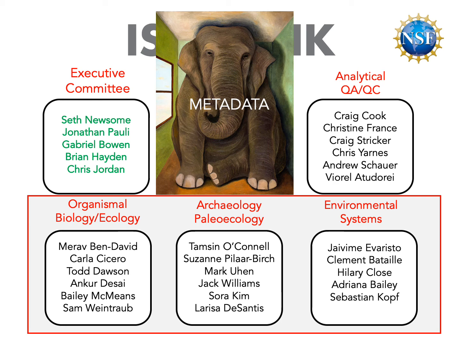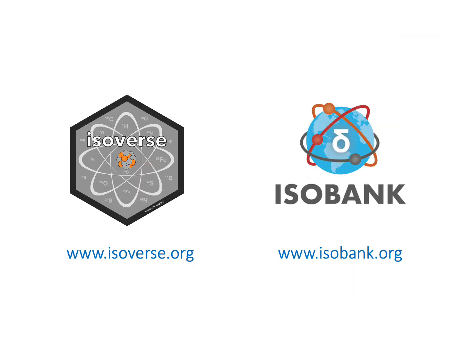And isoverse might be able to help with some of this metadata transmission. We'll have to see exactly how the tie-in is. But I would encourage you to go check out both isoverse and IsoBank. I think these are all efforts that will help us bridge this divide between the geochemistry lab and the actual data repository that will be useful for the community at large.